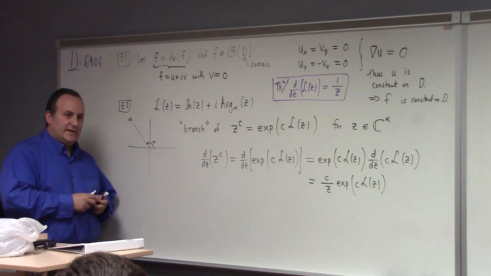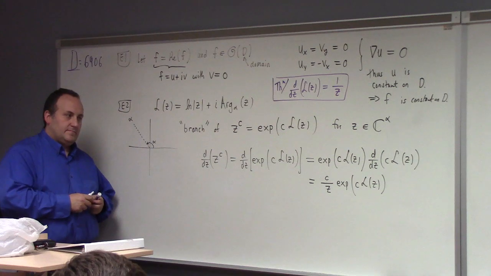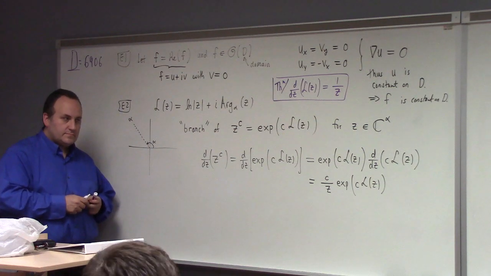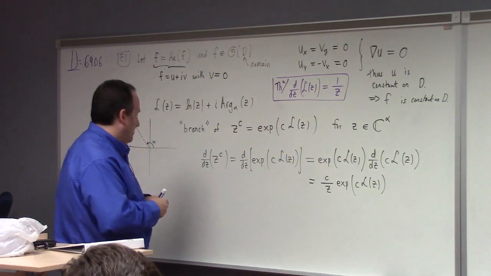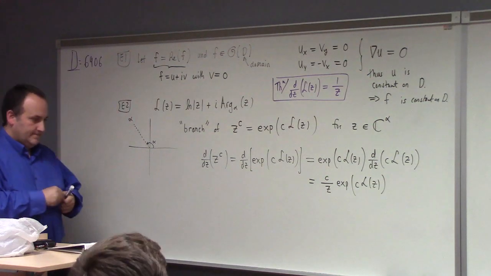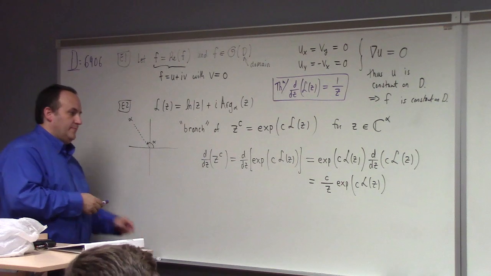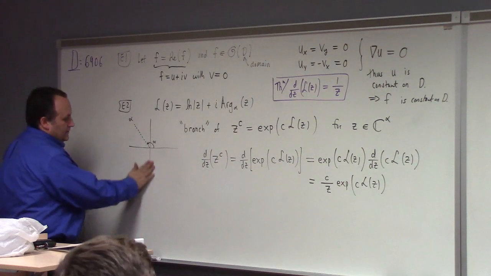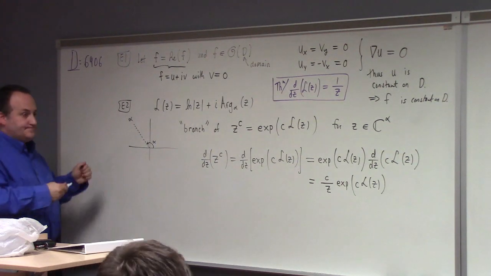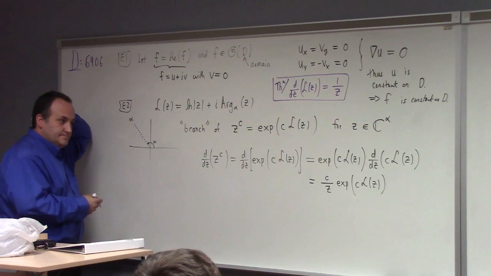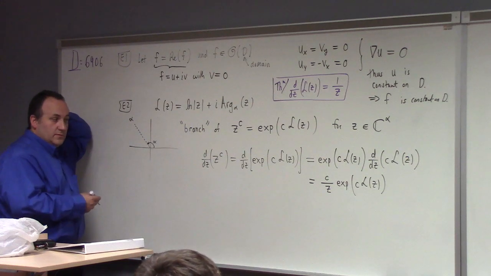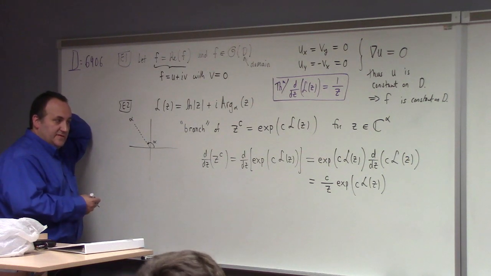But what is that? It looks a lot like a real number. You take the derivative of, let's say, a real number a to the x. Oh no, it's not that, because here the base is the variable.